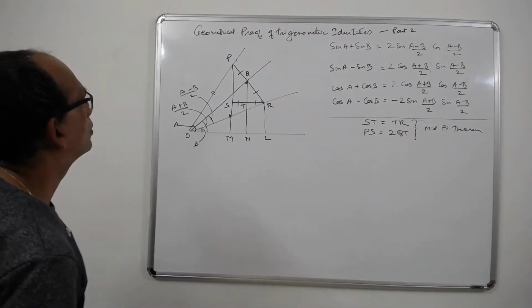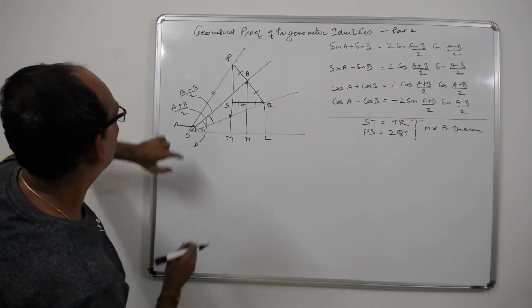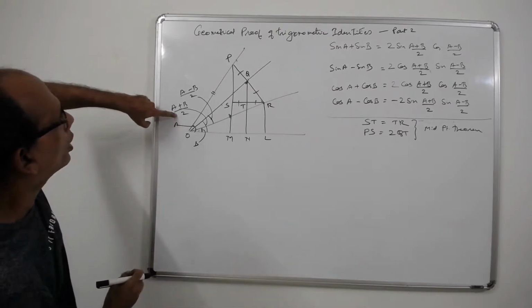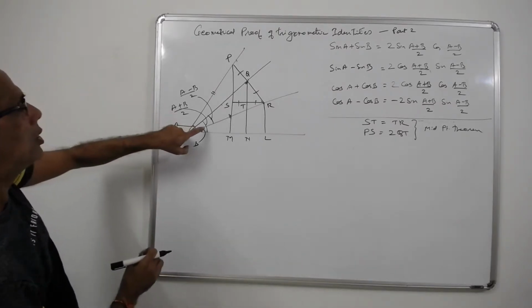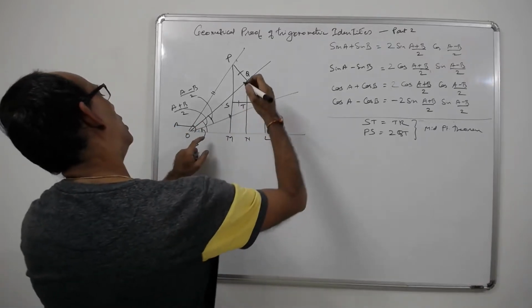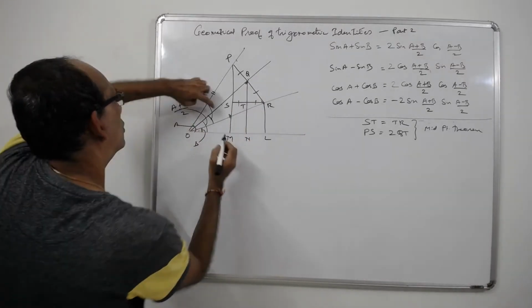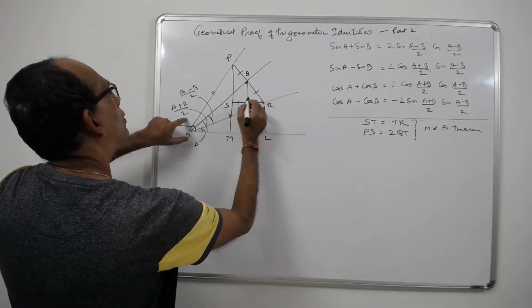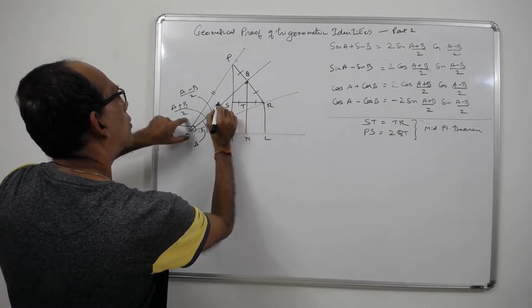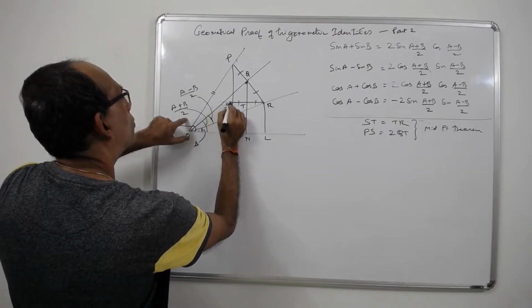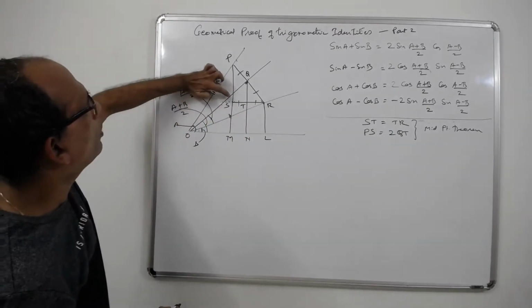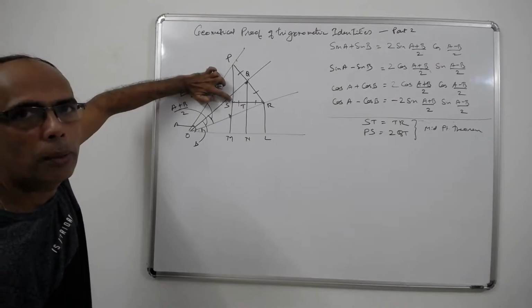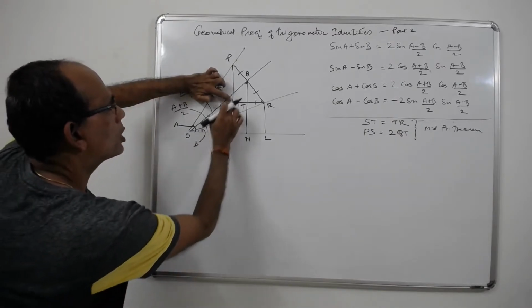There's something else. If you look at this triangle, with (A plus B) upon 2 here, this will also be (A plus B) upon 2, because they are corresponding angles.